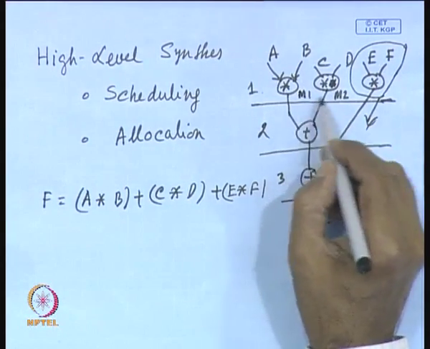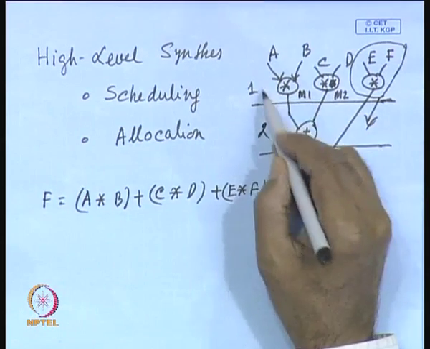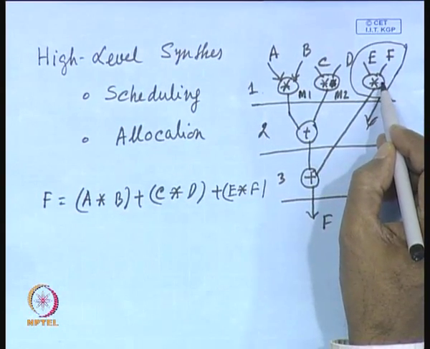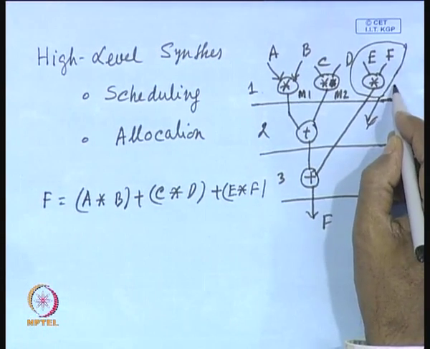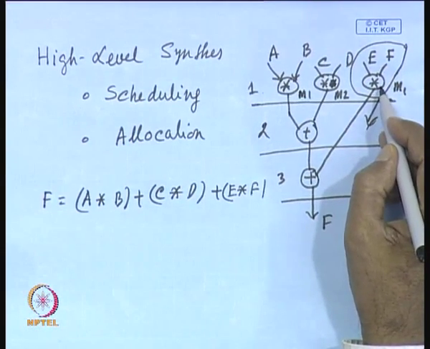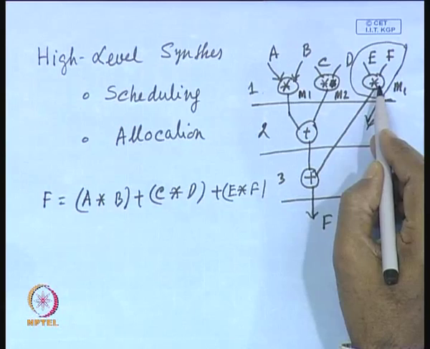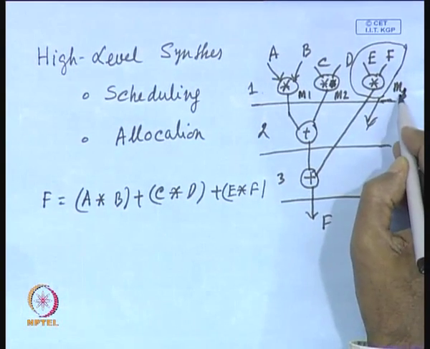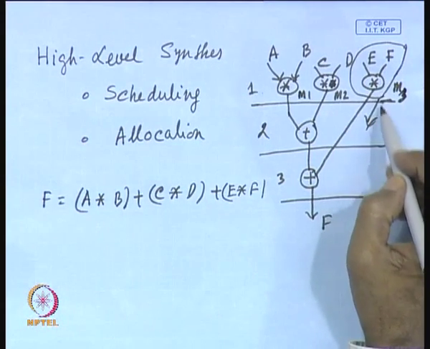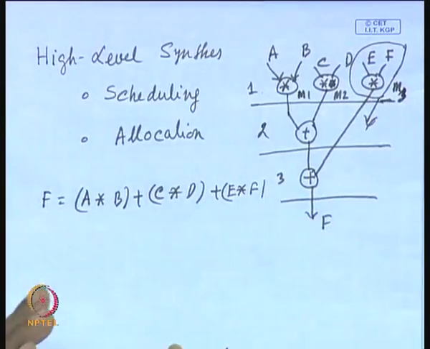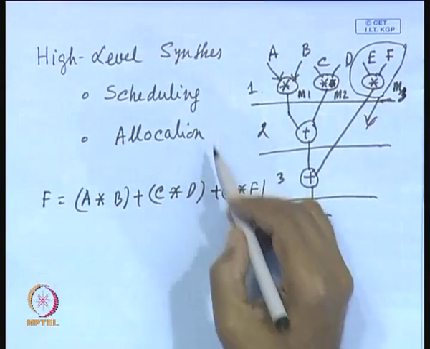Since these two multipliers are performing in time step 1, if this particular operation is scheduled to the second time step, then you can allocate multiplier 1 to perform this multiplication as well. However, if it is scheduled in step 1, then you cannot do it, so you have to use another multiplier. A third multiplier has to be allocated to this operation. That means scheduling and allocation are interdependent, one affects the other. Scheduling may increase the requirement of hardware, and that is the reason why these two are interrelated.